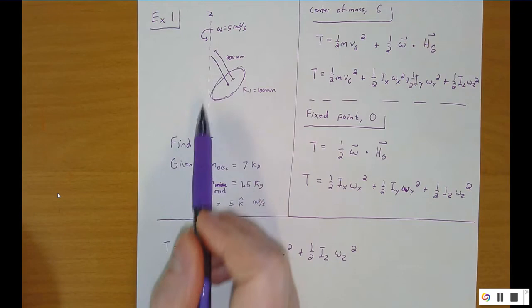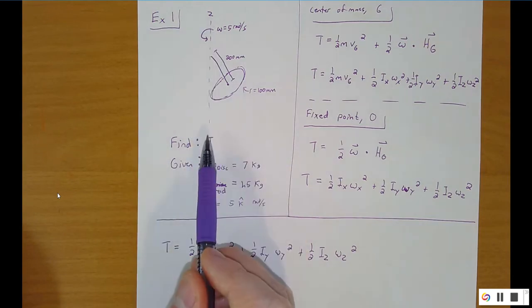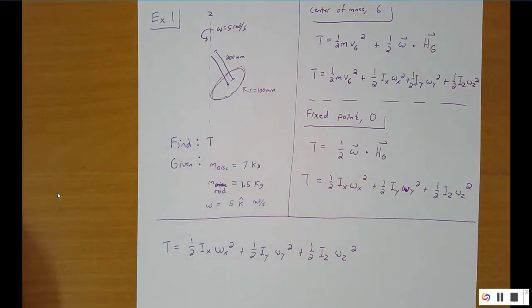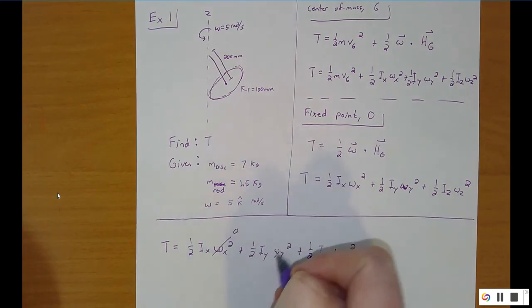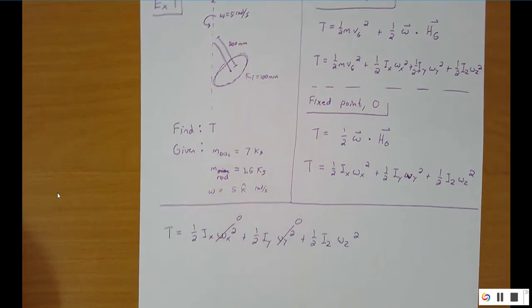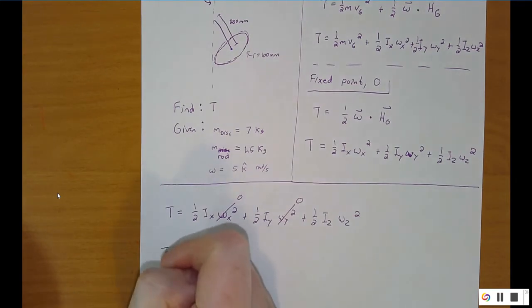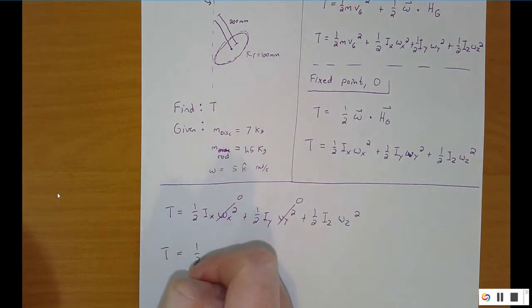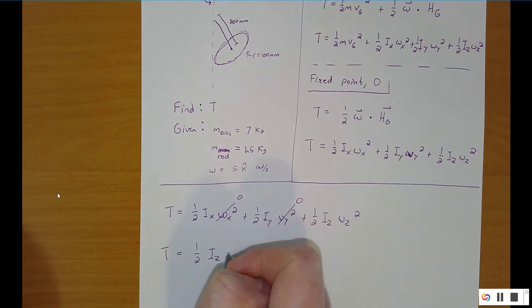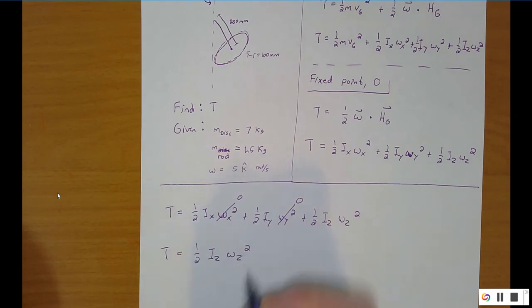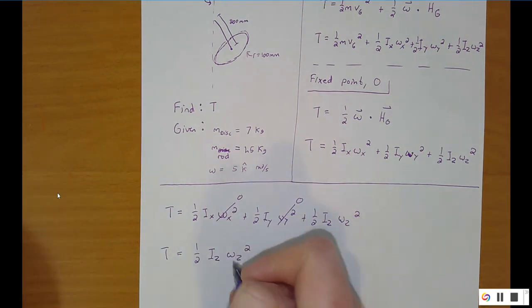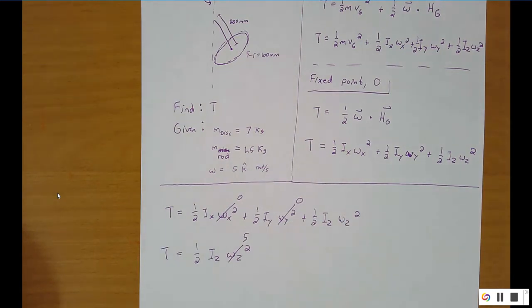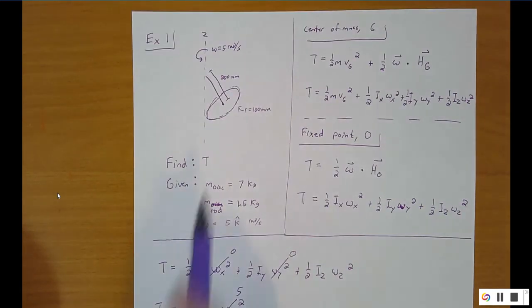So this is our instantaneous axis, our axis of rotation. So I will have no rotations in the x or the y, so I will get a 0 here and a 0 here. This problem will simplify down to T equal to 1/2 I_z omega_z squared. So my challenge becomes finding I_z, the mass moment of inertia of this thing about this z-axis.